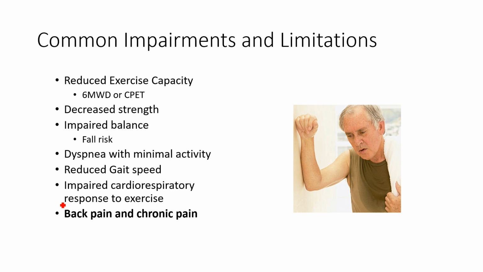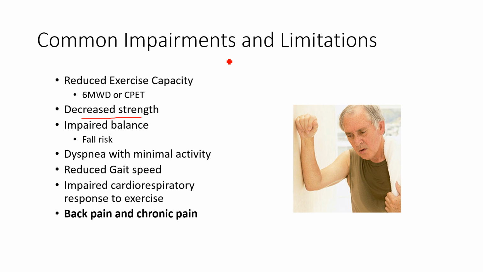We see reductions in strength, which makes sense given the skeletal muscle disuse atrophy, as well as the myopathy we see in these patients. We see impaired balance and a high fall risk. Some of that's due to inactivity. We'll also go over other underlying issues that may be involved in patients with COPD specifically.